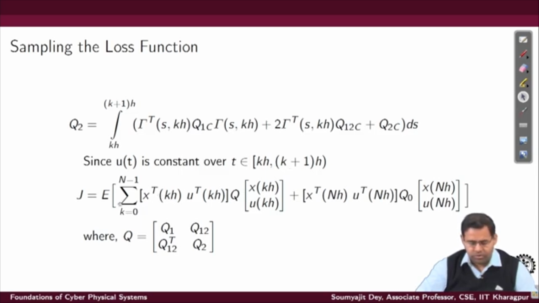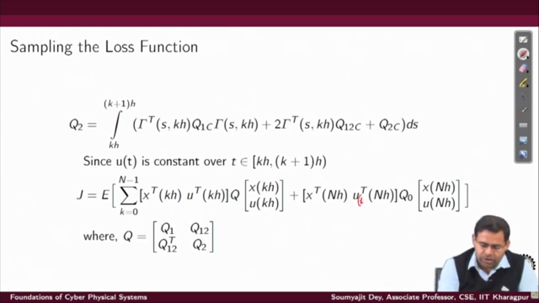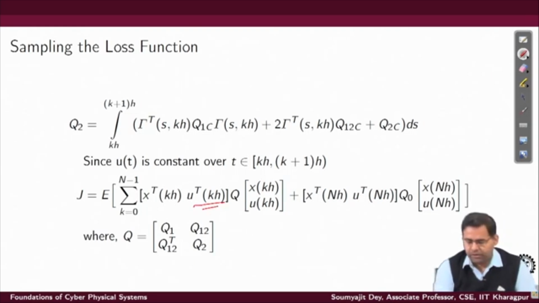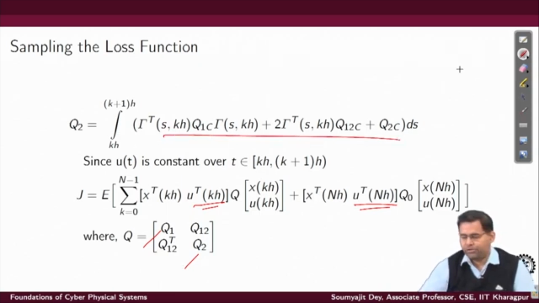My expectation will just have a formulation like this. I can just write this value of u as fixed to be u k h. So, this would be u transpose k h, and it is in this form, where we have already figured out what should be the value of these individual weight matrices in the discrete domain using these kinds of expressions that we have here.